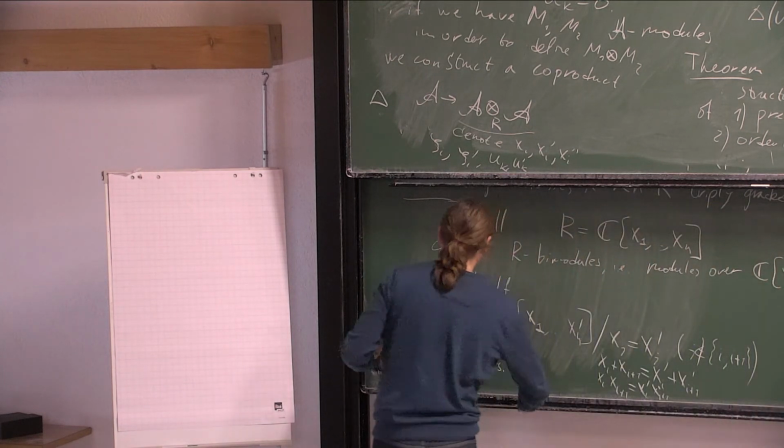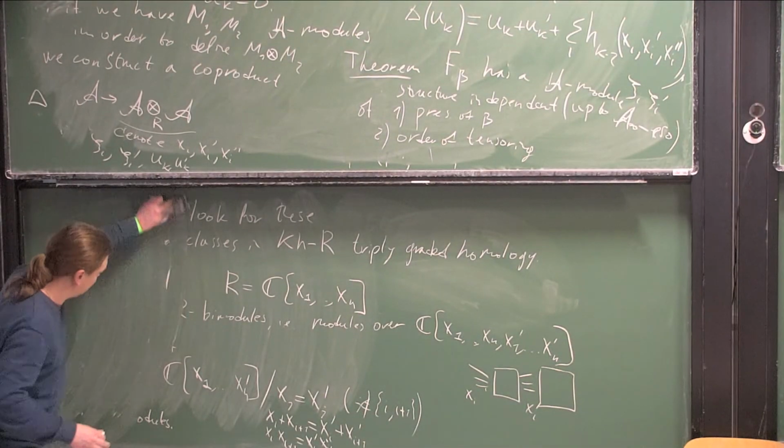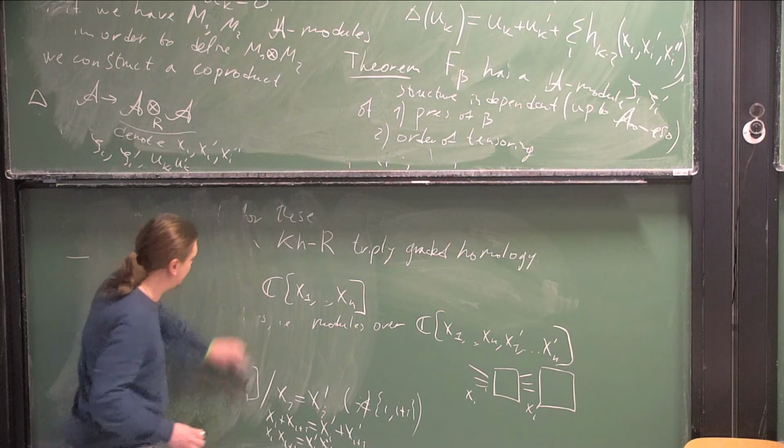Now we want to define a link invariant. So we have to close, since we want to apply the Hochschild homology.